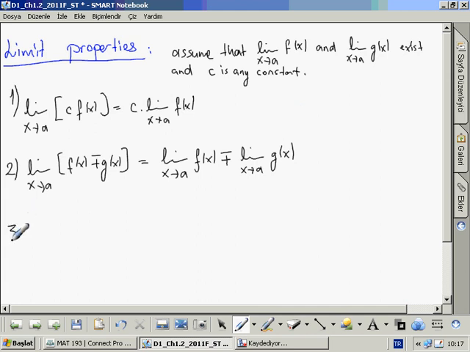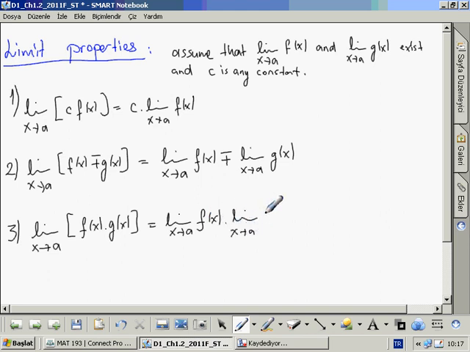And the third property: limit x equals to a of f of x times g of x equals limit x equals to a of f of x times limit x equals to a of g of x, okay?